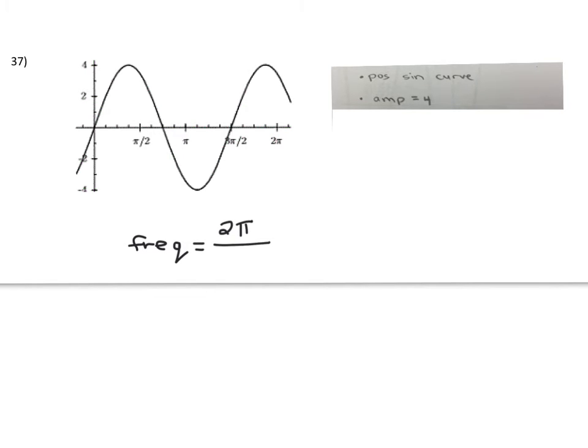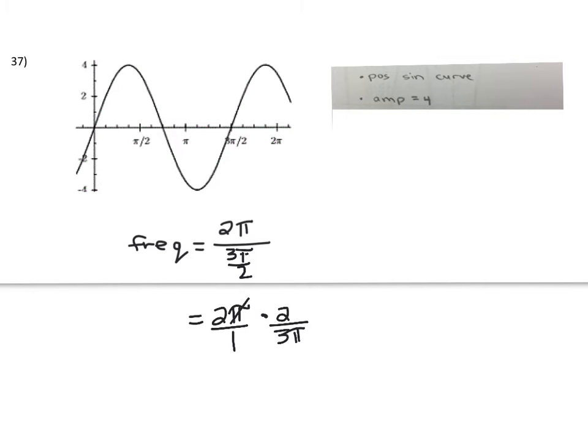Okay, so the period, since it takes 3 pi over 2 units to end that cycle, right? This is where the cycle ends. I'm going to plug in 3 pi over 2 for our period. Okay, and then we'll just do keep, change division to multiplication, and flip that fraction in the denominator upside down.